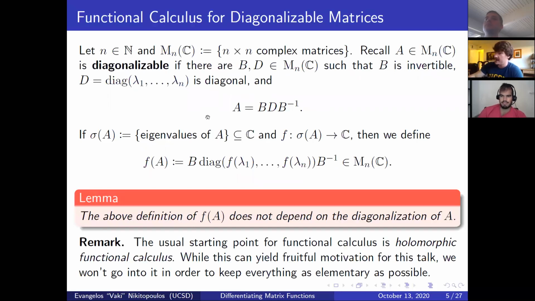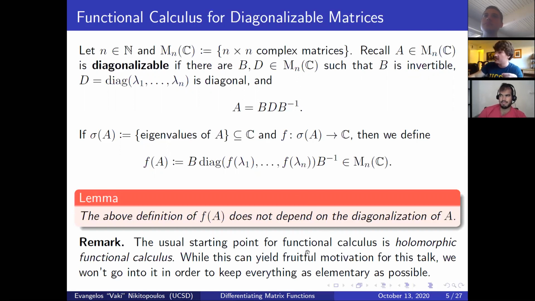The usual and correct starting point for functional calculus is holomorphic functional calculus, which it doesn't matter if you understand the words I'm about to say. This works generally for Banach algebras. And if you use holomorphic functional calculus, I could give an alternate version of this talk with equally fruitful motivation.